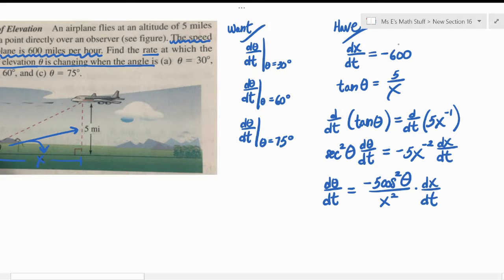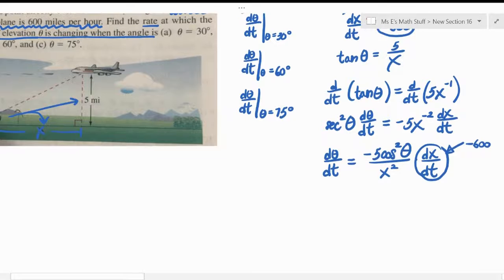And remember, dx dt is a constant rate, so we can go ahead and substitute that in. So d theta dt would then equal, negative 5 times negative 600 is positive 3,000. There we go.